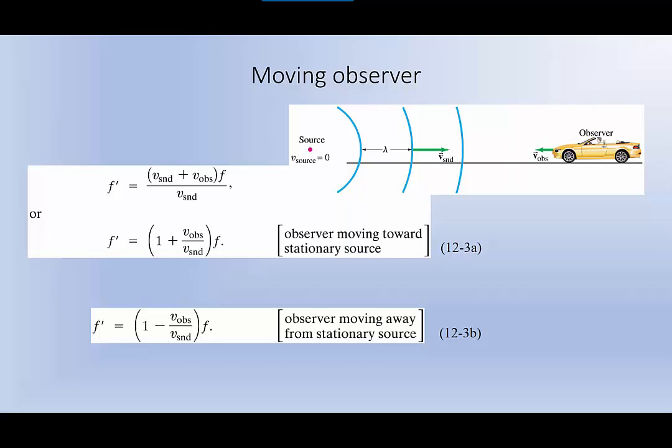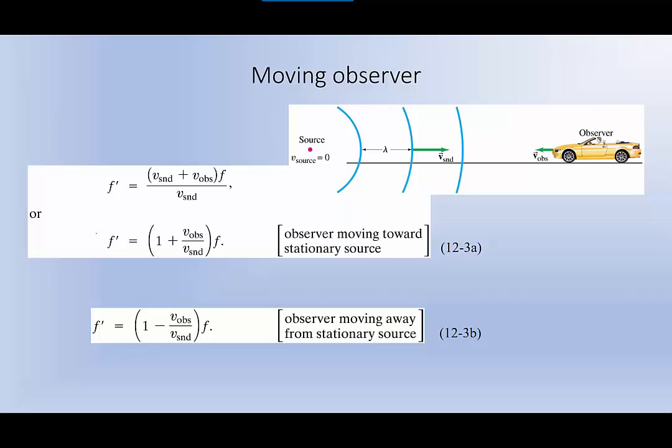So when the observer is moving towards the stationary source, again using v is equal to f lambda and adding or subtracting velocities depending on which direction you're going in, leads us to f prime is equal to the velocity of sound plus the velocity of the observer times the original frequency over the velocity of sound, which again we can pull out the v's and make it look a little bit neater so it's in the same format as our lambda previously.